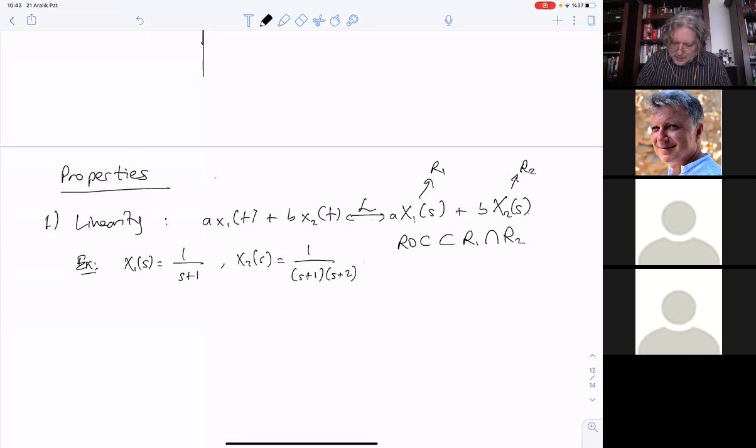And here, R1 is described as real part of S is greater than -1. And R2 is also described as real part of S is greater than -1 again.